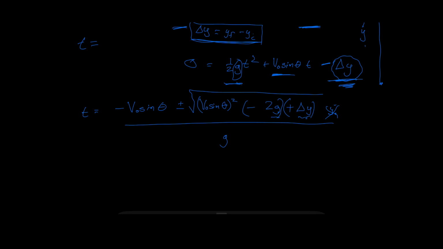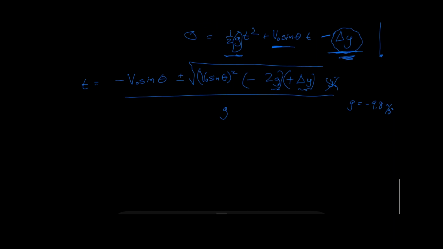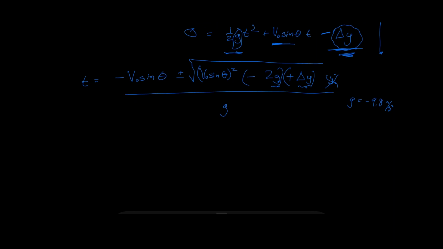So just keep that in mind. g is minus 9.8 meters per second squared. And then this is going to be a negative number down here. So this minus has to cancel out with this whole thing up here being minus in order for it to be positive. So keep that in mind.